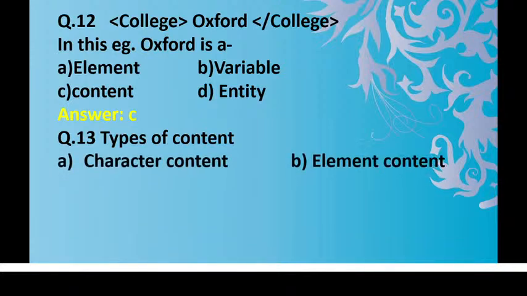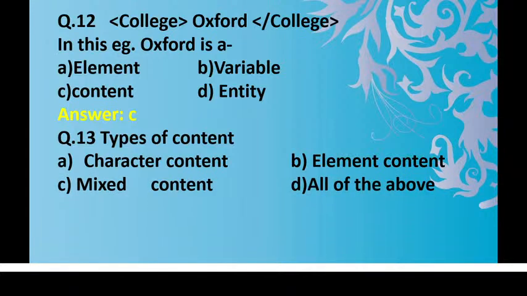Types of contents in XML: character content, element content, mixed content, all of the above. What will be the answer? Please type your answer in the chat. Yes, very good. Rutika, Pooja, Shweta, Pranjal, very good. All of you are replying now. Thank you.